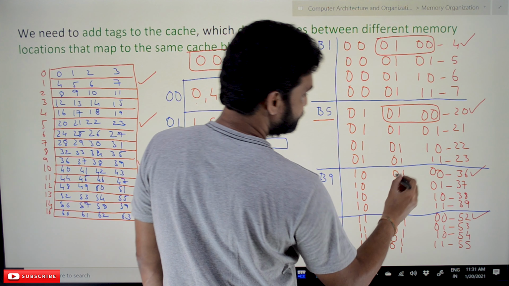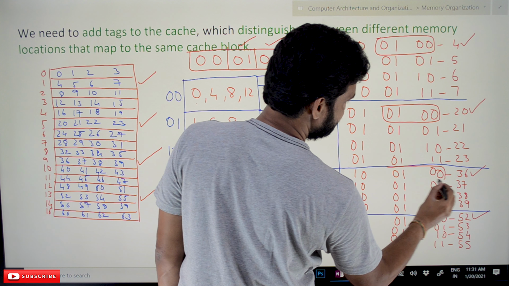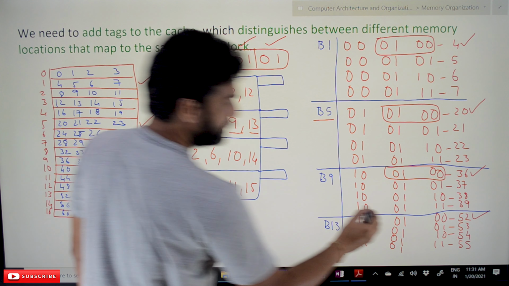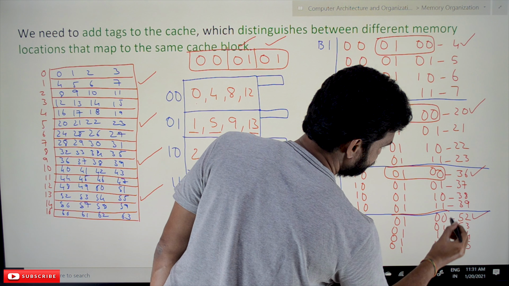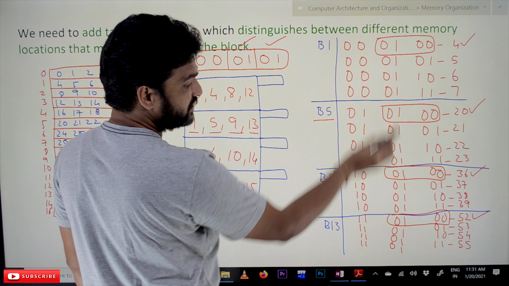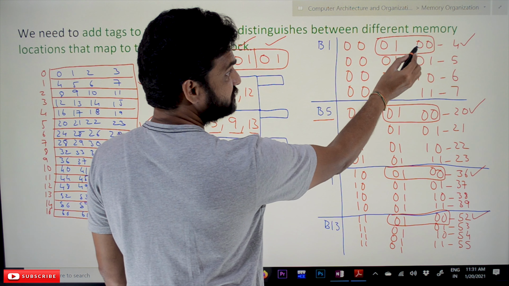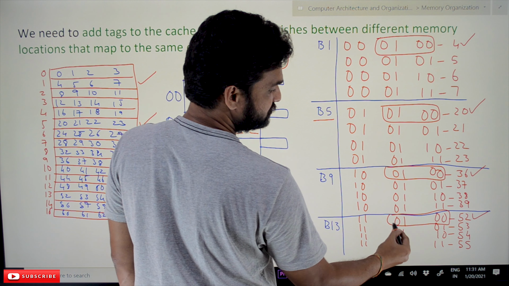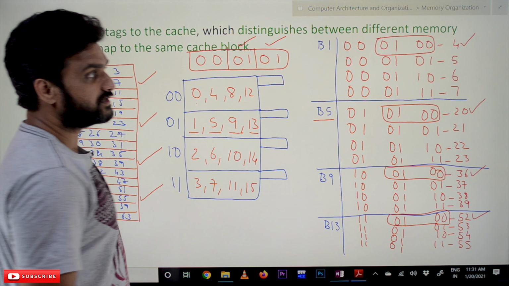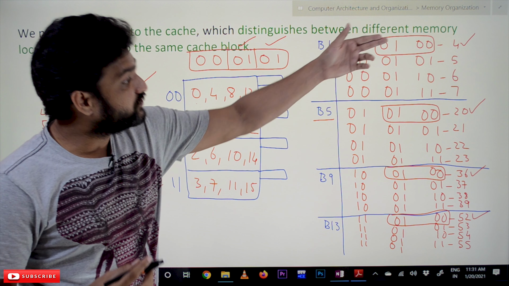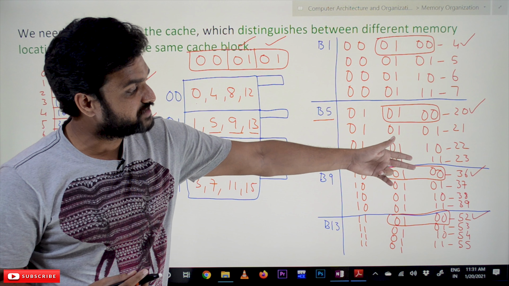So these are the least significant 4 bits, all are the same. All the 4 bits are the same: 0 1 0 0, 0 1 0 0, 0 1 0 0, 0 1 0 0.